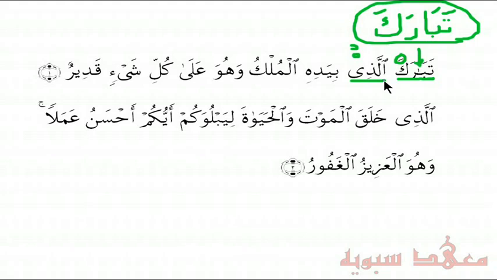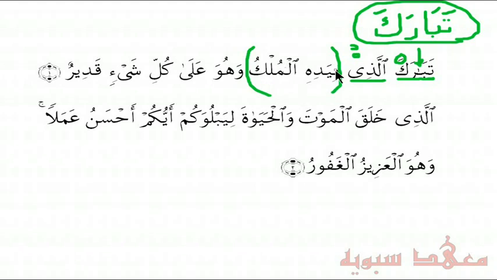It's in the state of rafa' because it's the fa'il. Now, because it's an ism mawsul, there's a silatul mawsul. And what is that silatul mawsul? It's what I'm going to put in brackets: biyadihi al-mulku.